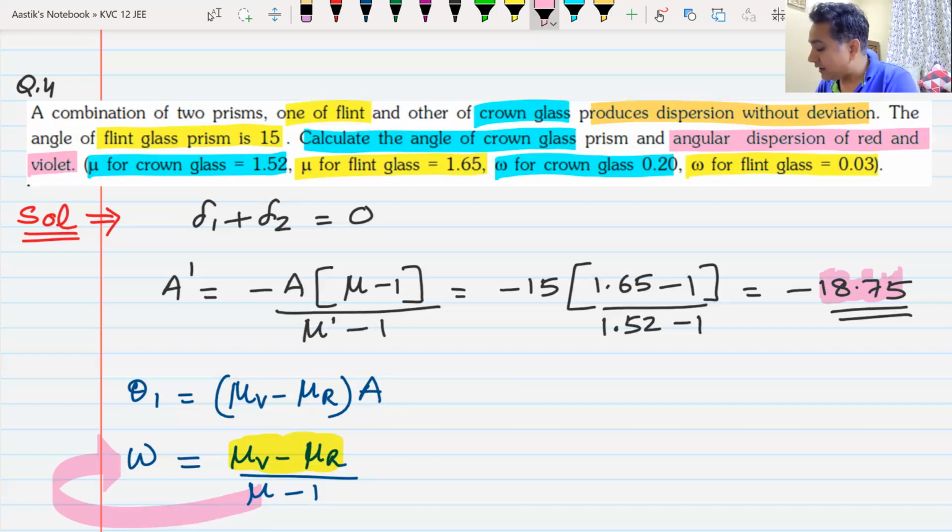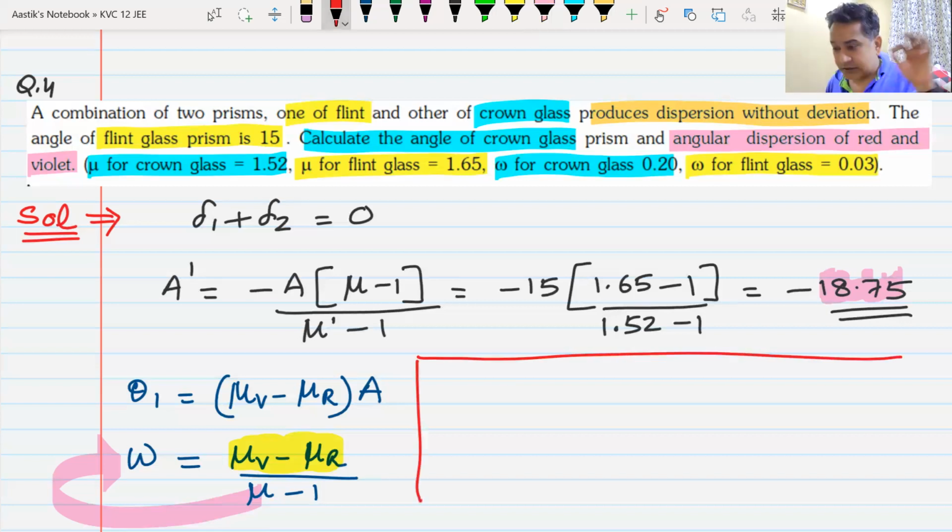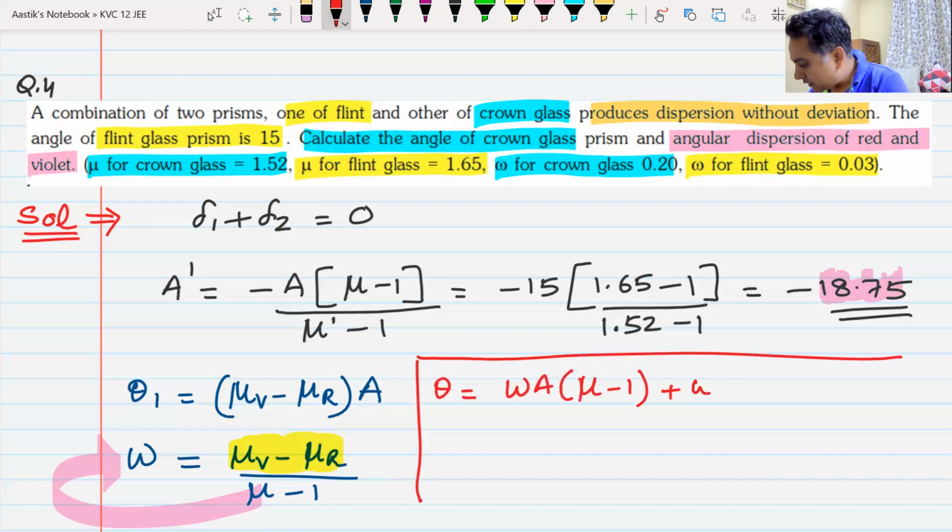The formula will look like this. When I do both of these together, the total dispersion theta will be: omega into A into (mu minus 1) for the first one, plus omega dash into A dash into (mu dash minus 1). Remember, A dash is negative. Do you see this? Yes or no? Yes, sir. Don't forget that negative sign. That negative sign is important.